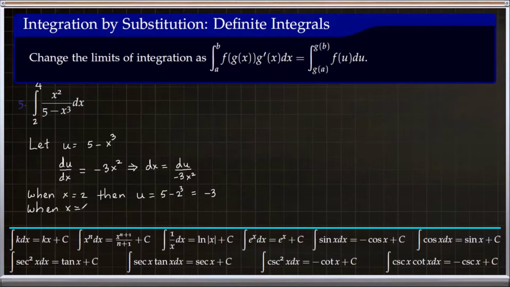Similarly, when x equals 4, I can say that u is 5 minus 4 cubed, which is 5 minus 64, so negative 59. So this will be the upper limit of integration. So now we are ready to write this integral in terms of u. So this becomes the integral from negative 3 to negative 59.